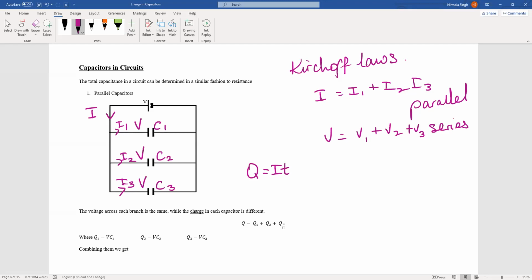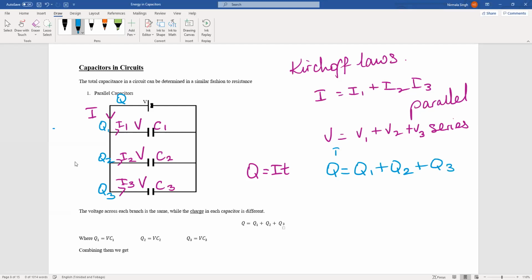So if my current in each branch is different, then also the charge in each branch will be different. So that means that Q1, Q2, and Q3, and the charge delivered by my power supply will be Q. So let's look at that. My total charge will have broken up into different branches.